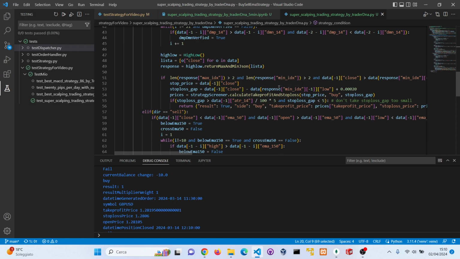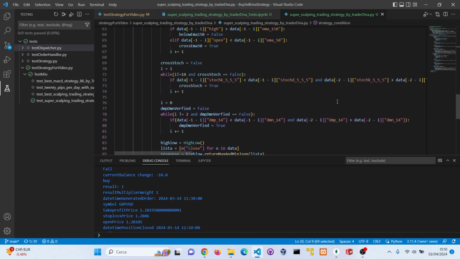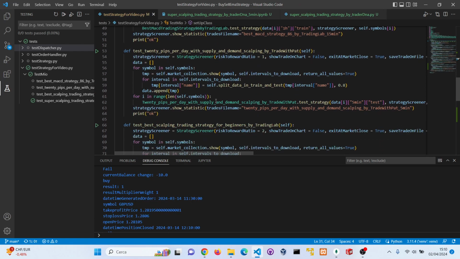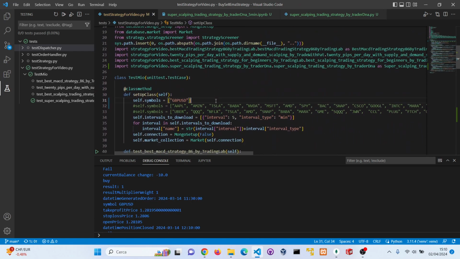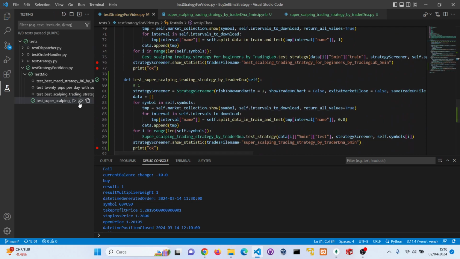For the long trades, you have to take the low of the minimum of the data before the signal and subtract 2 pips, and the opposite is for the sell. Let's run the basic conditions on these symbols for forex, and let's see how it performs.